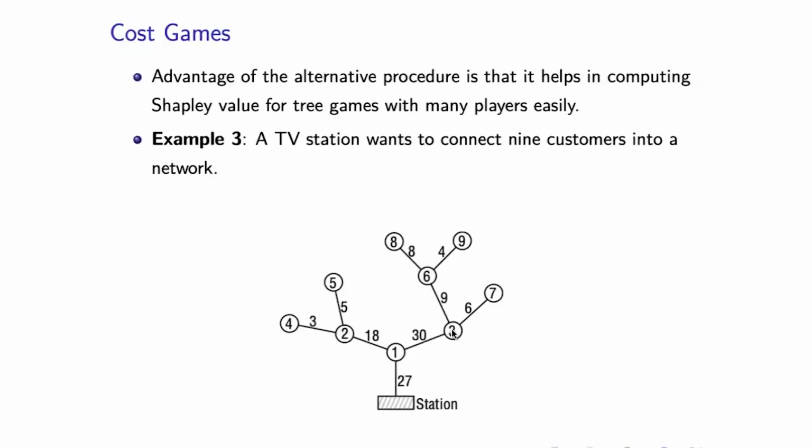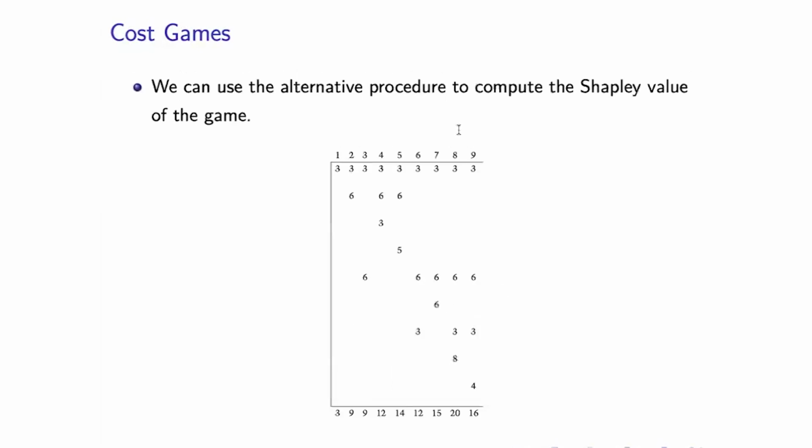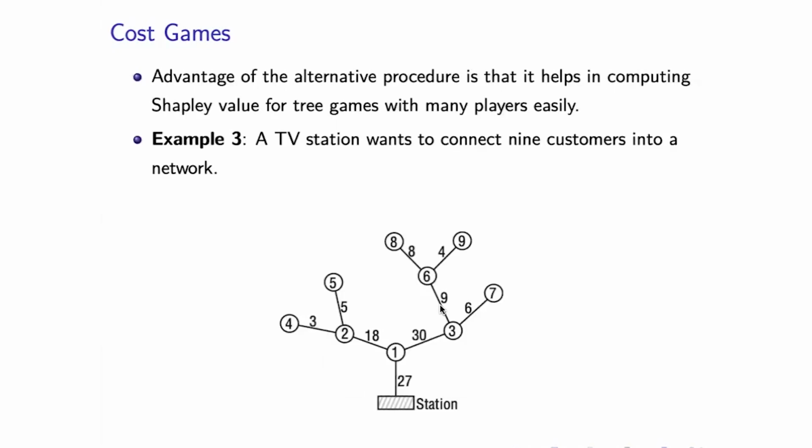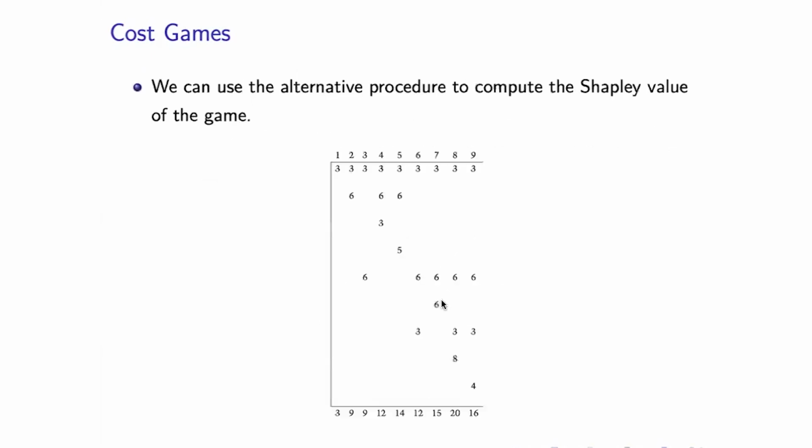Once you have that, then the arc between 3 and 7 costs 6, and that is of use to only node 7. So we need to put 6 against player 7. And the arc between 3 and 6 is of use to 6, 8, and 9. So 9 should be divided between 3 players equally. So against 6, 8, and 9, we should list down 3 each.